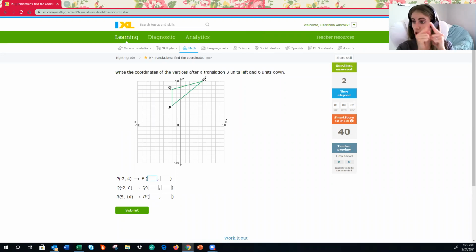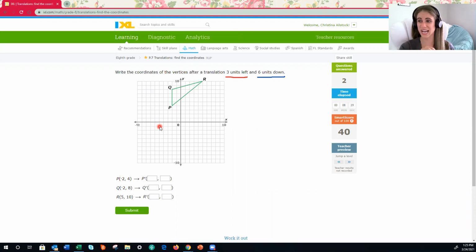So P, Q, and R, after a translation of 3 units left and 6 units down. If you want to use the graph method, go for it. What you would do is you would start at point P and move it 3 units left and 6 units down.